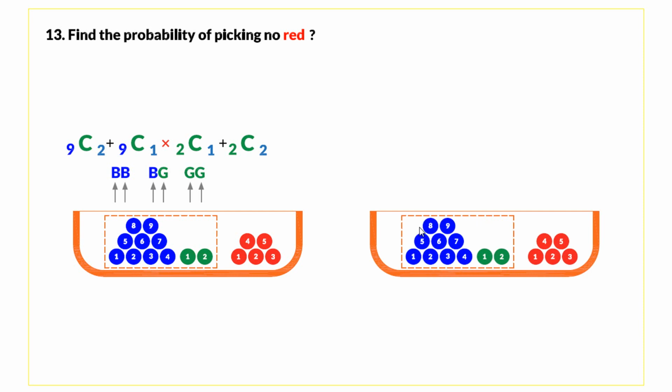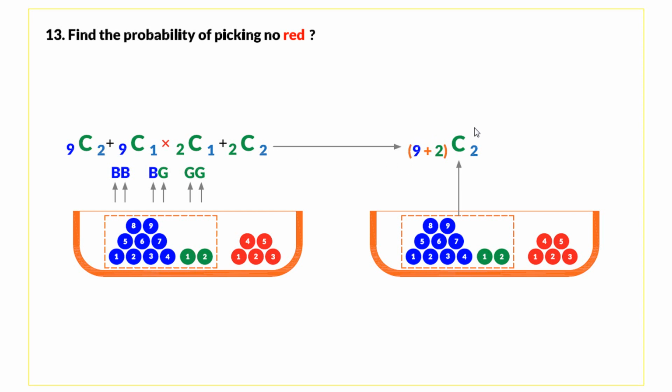So we have the total number of elements, 9 plus 2, and that is 11, and now we are combining two objects out of 11, and this combination actually is equal to the sum of all these combinations. So we don't need to go through all these combinations and add them together.